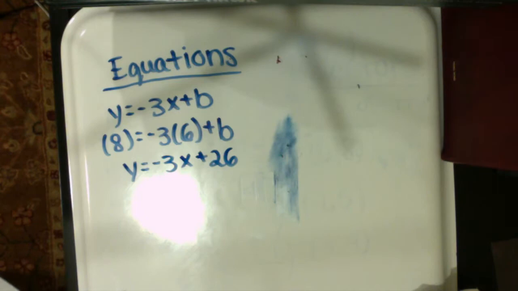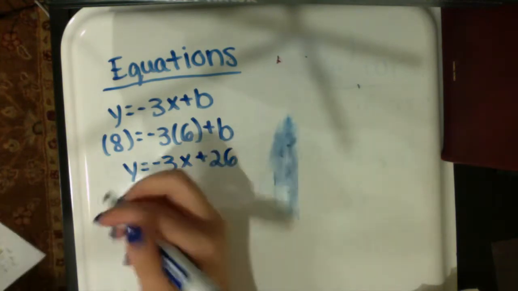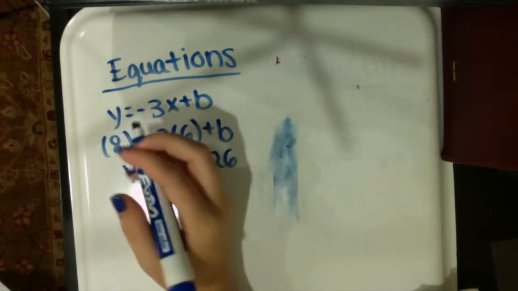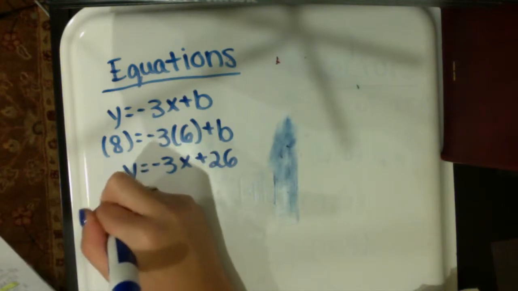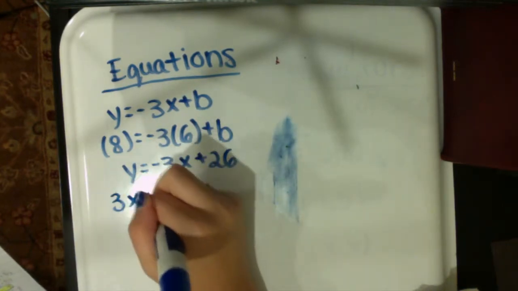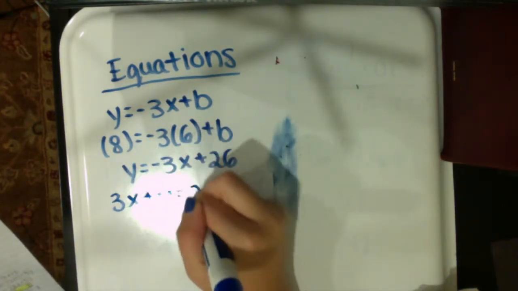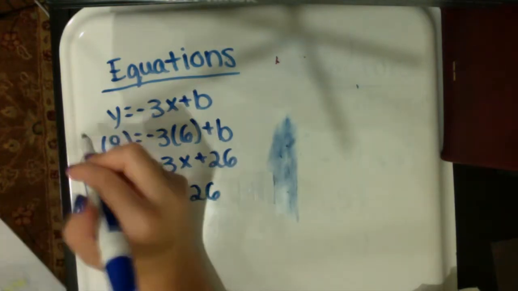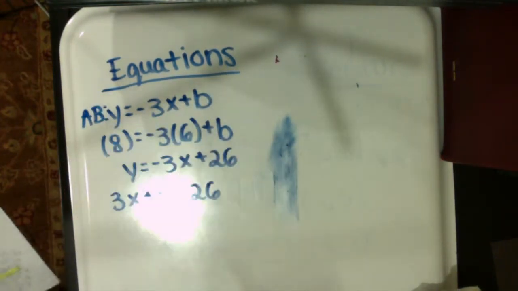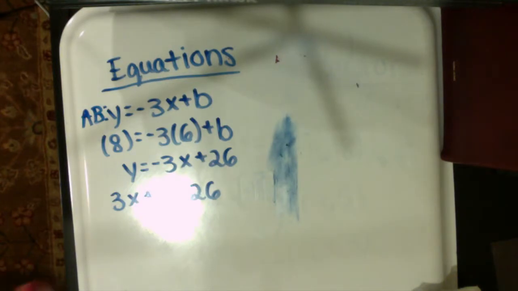Now that we find the y-intercept, we can change it into standard form. In standard form, the answer is 3x plus y equals 26.